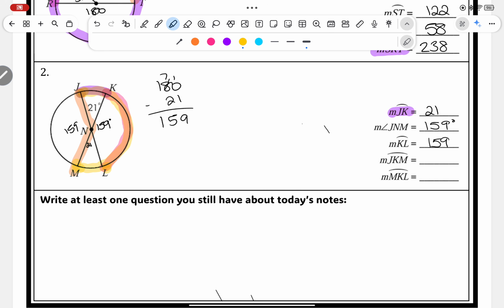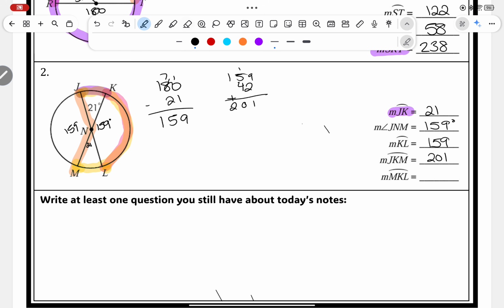So what I know is if I add 21, 159, and 21, it's going to give me my arc measurement. So I get 42 plus 159, which is going to give me 201 degrees for my arc measurement.